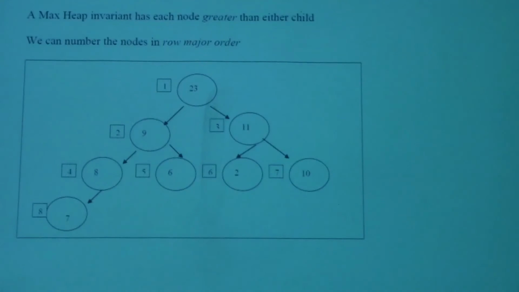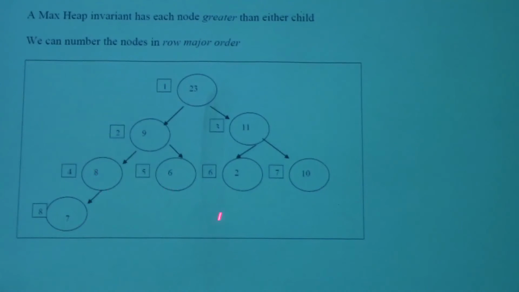Good. All right, so this shows you basically the same heap, except I've put numbers into these boxes. These numbers simply number the nodes in row order. So it's 1, 2, 3, 4, 5, 6, 7, 8.